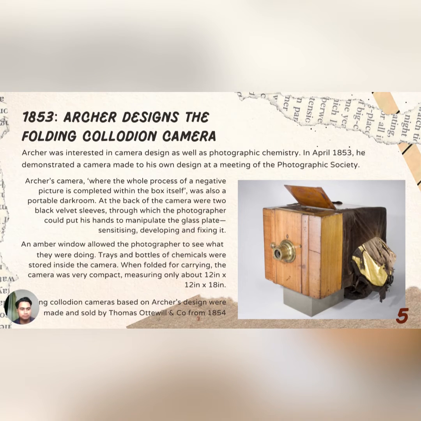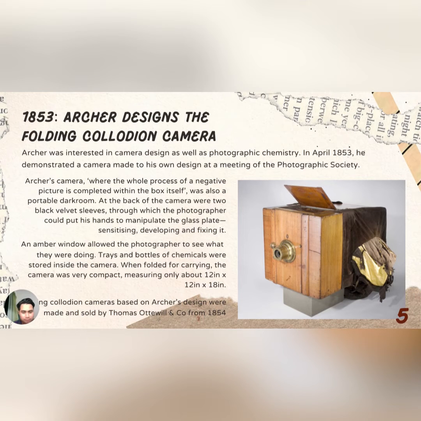Today I'm going to present about how Archer designed the folding collodion camera. Archer was interested in camera design as well as photographic chemistry. In April 1853, he demonstrated a camera made to his own design at a meeting of the Photographic Society. Archer's camera, where the whole process of making a negative picture is completed within the box itself, was also a portable darkroom.